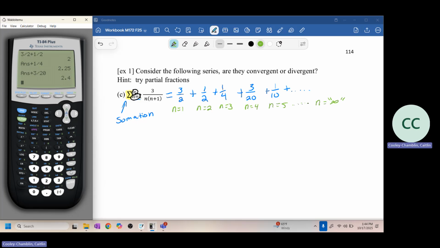Okay, so trying partial fractions, that means I want to rewrite 3/n times n plus 1 as a partial fraction. So I have 3/n times n plus 1, and I want to write this as a/n plus b/n plus 1.